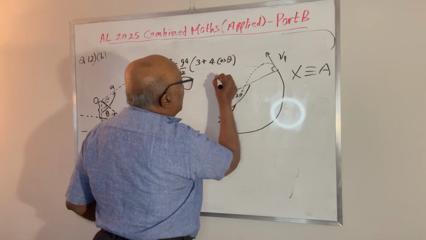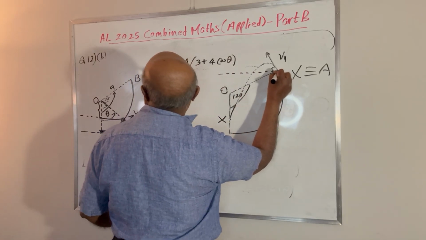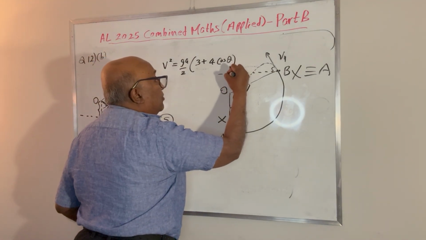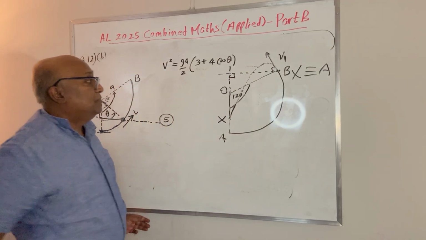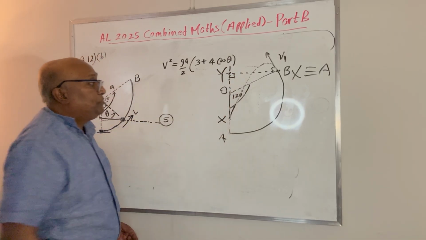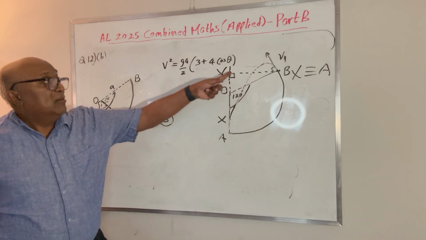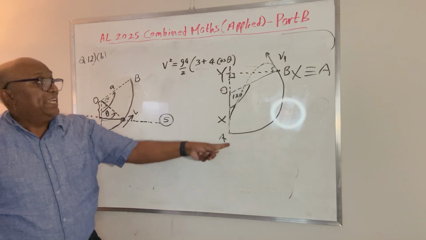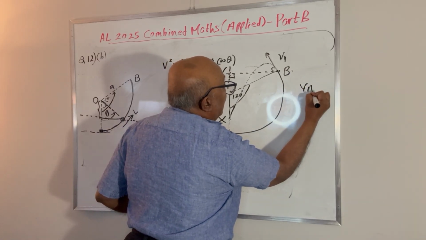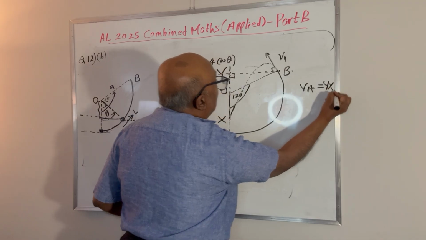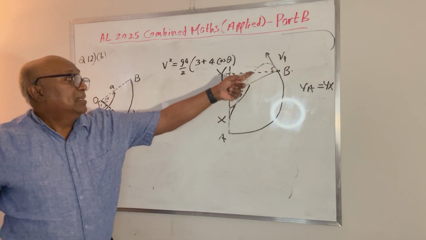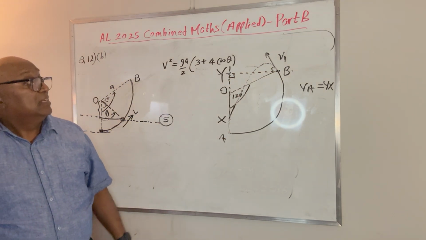Let's draw a horizontal line through this one. This point is B. Now let's do some simple geometry. Let's name this point Y. If you are able to prove YX is equal to YA, that means the particle is passing through point A. What is YX?